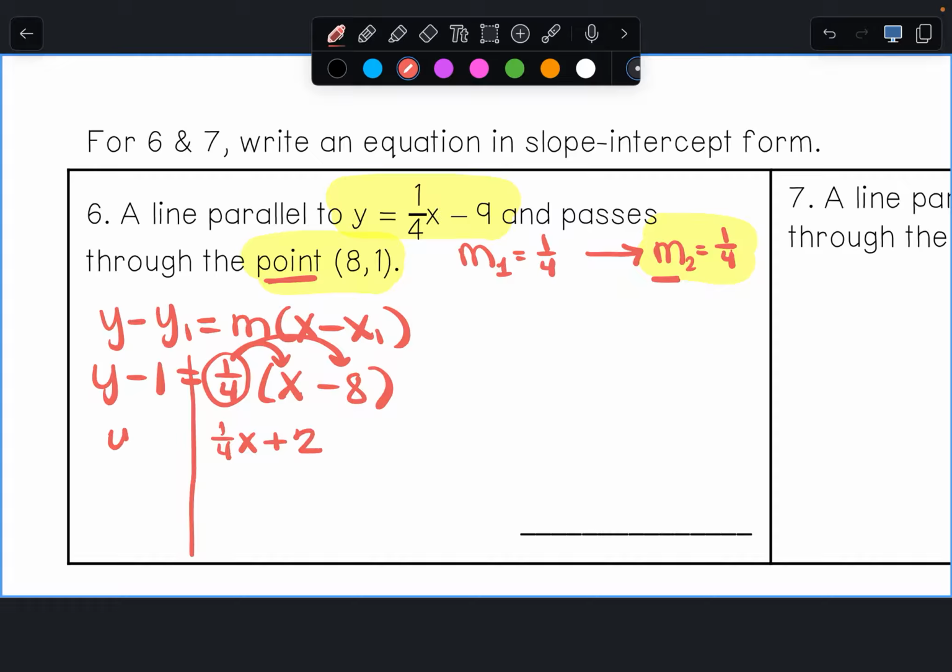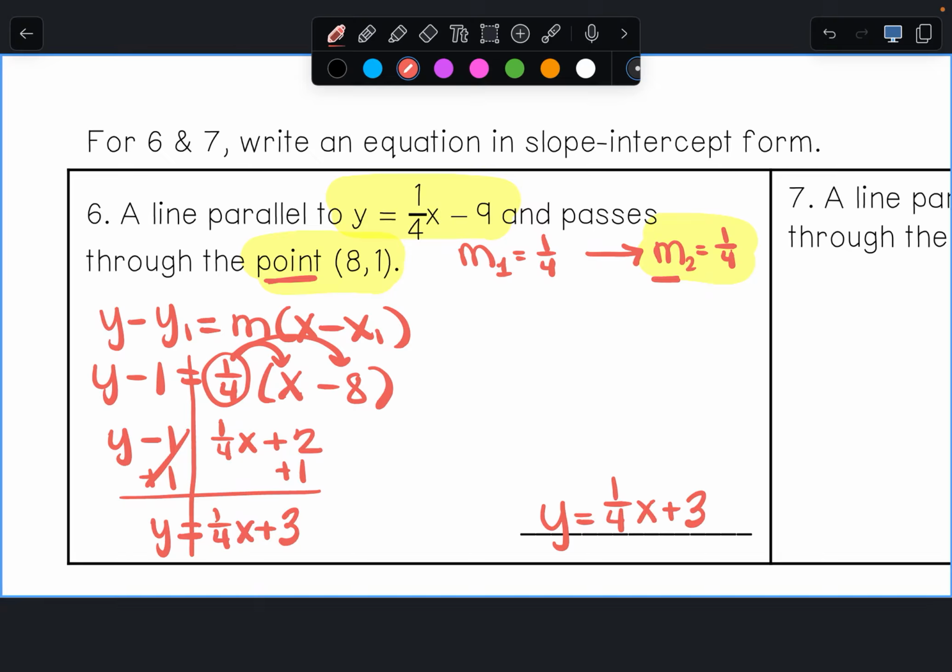Okay, bring down your y minus 1. And the last step is to add the 1. So you get y equals 1 over 4x minus 1. That's your equation in slope-intercept form. Oh, no, you're right.